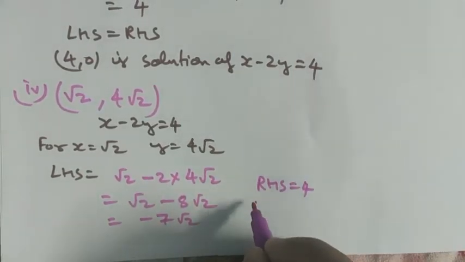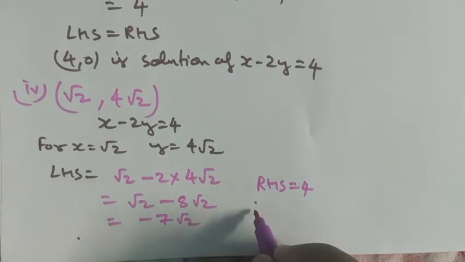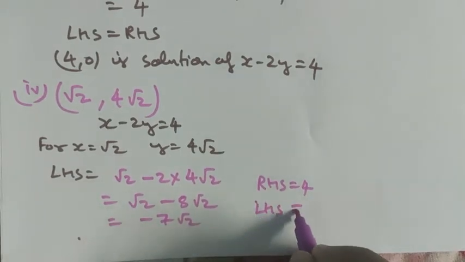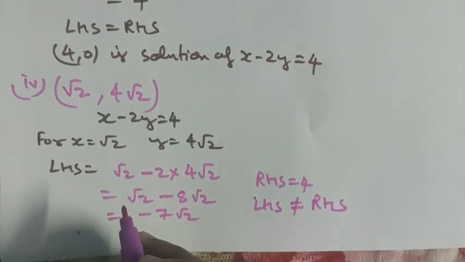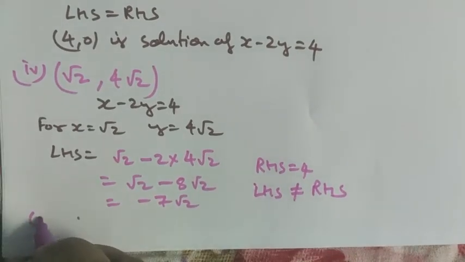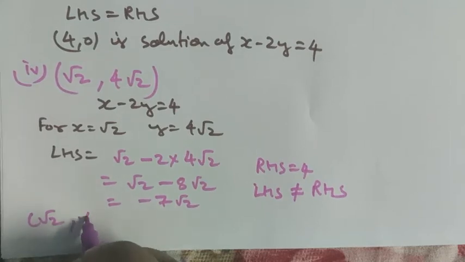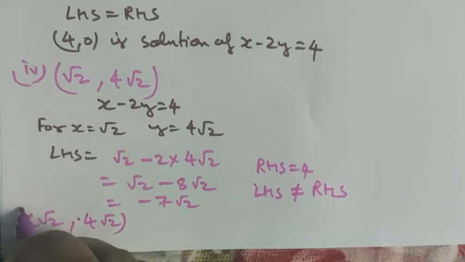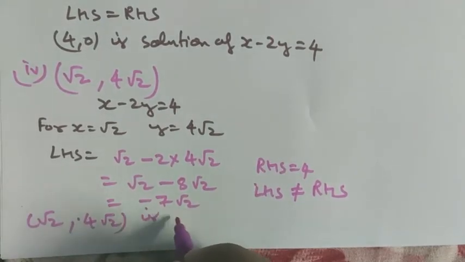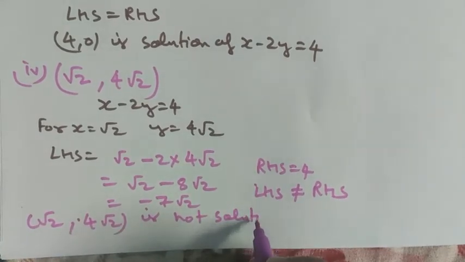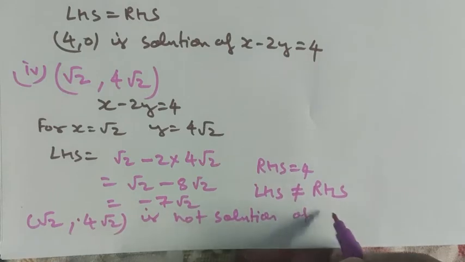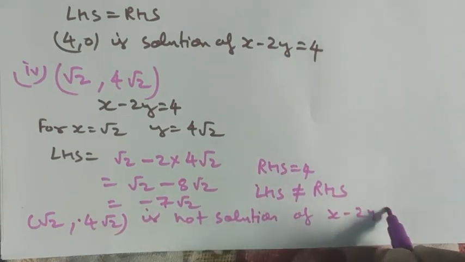So LHS is not equal to RHS. So therefore root 2, 4 root 2 is also not a solution of x minus 2y equals 4.